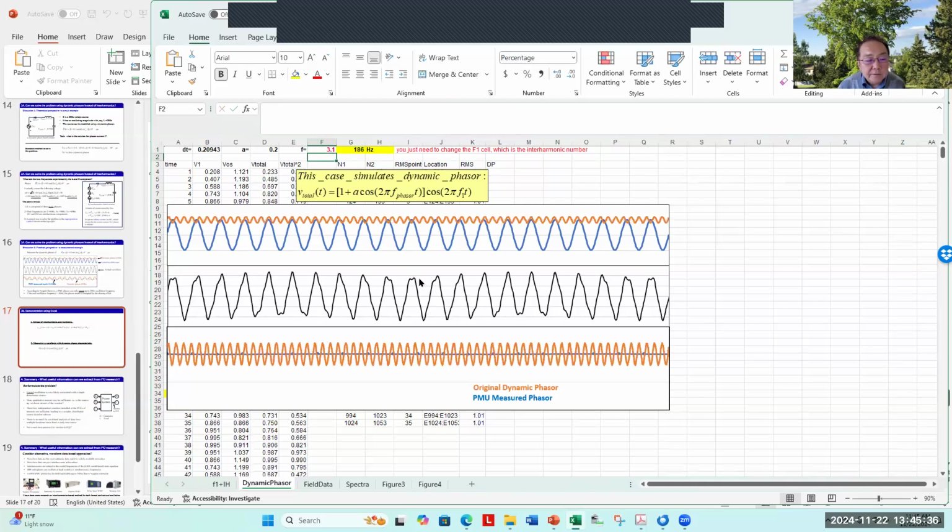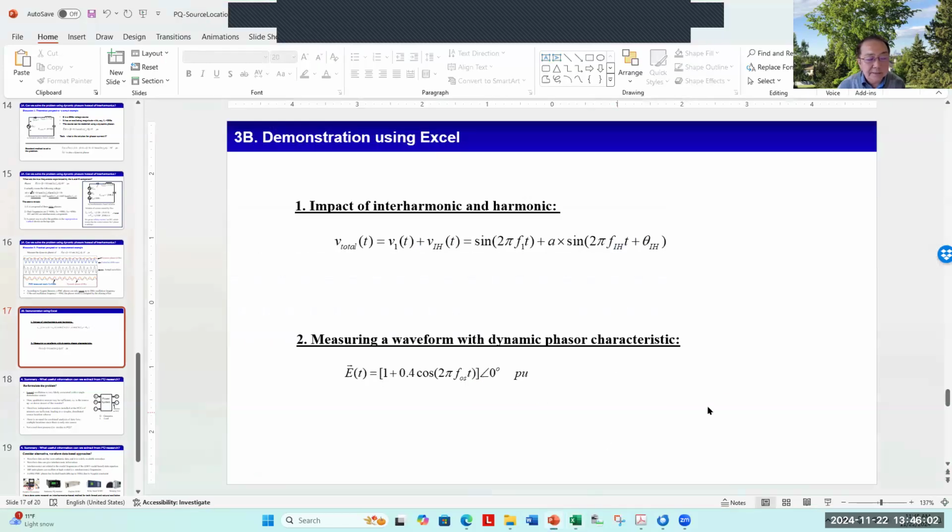You see, the true dynamic phasor is still oscillating, but the PMU, because of aliasing, records it as a constant. That basically exceeded the bandwidth. So that's the demonstration. You're free to try it out. I'm going to share this with you too. Now, let's come back to the presentation.